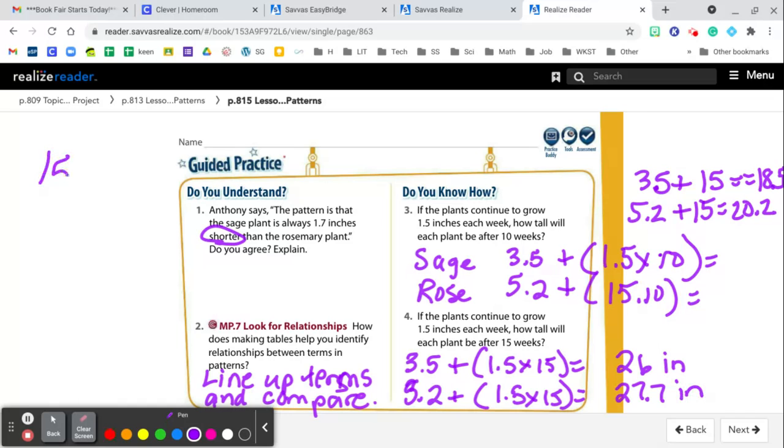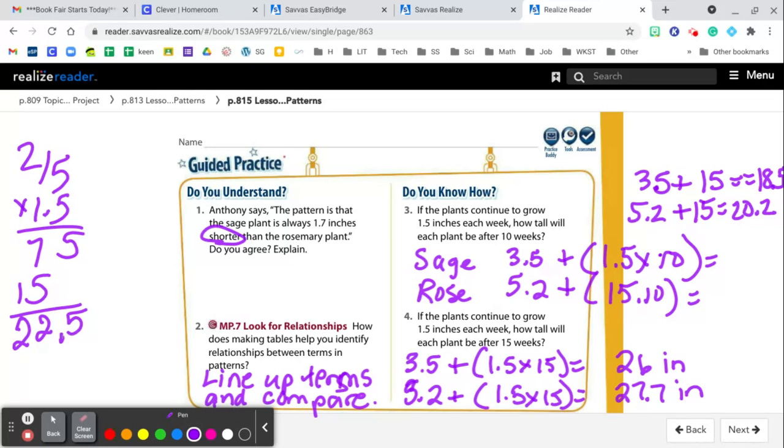And you can do that multiplying off to the side. Two digits of decimal place value in the problem, one digit in decimal place value in the answer.